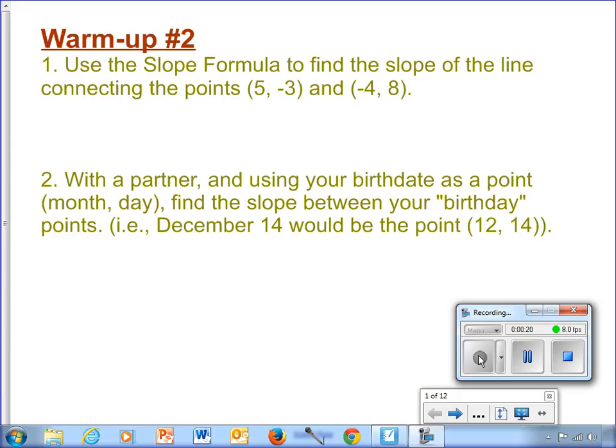Pause your video at this time, and if you are doing this at home, you may not be able to do number 2, although it might be fun to do that with maybe one of your parents or a brother or sister and use their birth date as well as your birth date in order to find the slope. If you have any questions about this, you might refer to lesson 5-1, or please bring your questions to me before or after school.